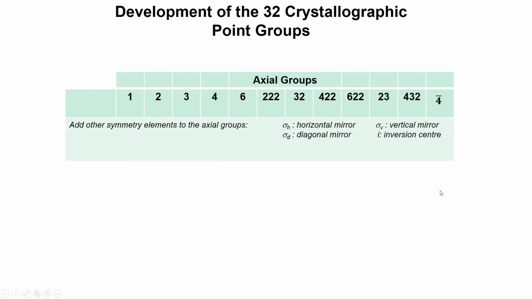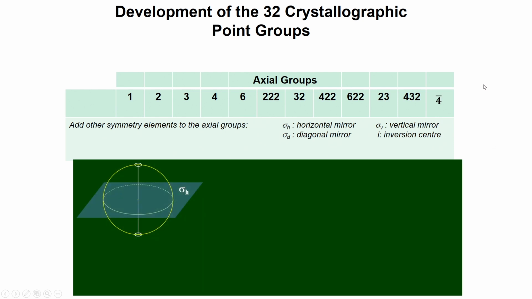Now, I will show you how we are going to add the mirrors to these axial groups. So, again I have just listed down all the axial groups here, and the symmetry elements that we are going to add are mirror and inversion. Now, sigma h is a mirror in the horizontal plane. So, here you can see the example of a mirror which is perpendicular to the rotational axis.